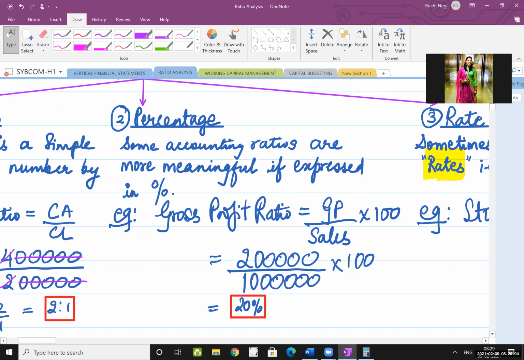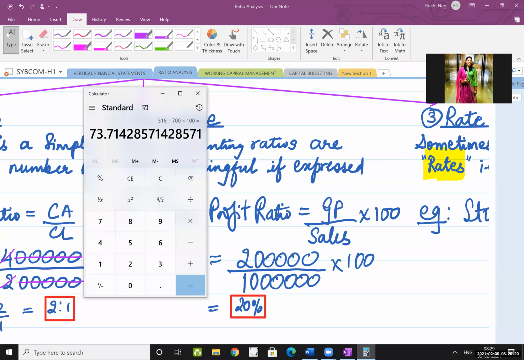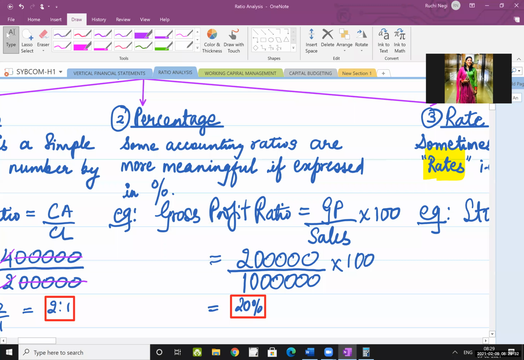But if you want to make the expression more meaningful, if I tell you 516 divided by 700 into 100, and it comes in percentage as 73.71%, then you are able to connect with it better. Oh, she has scored 73%. Yes. So you get a more meaningful picture of the ratio.